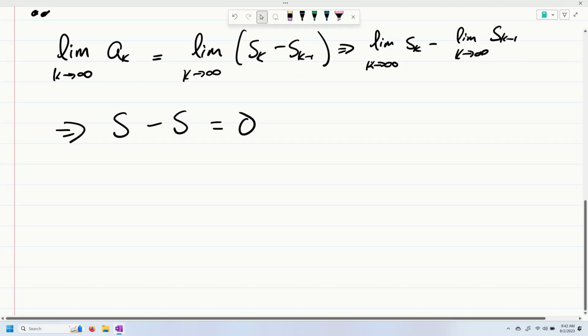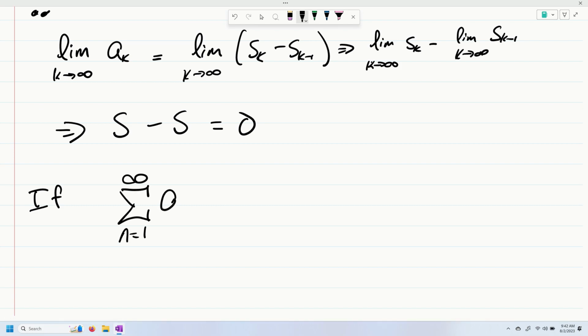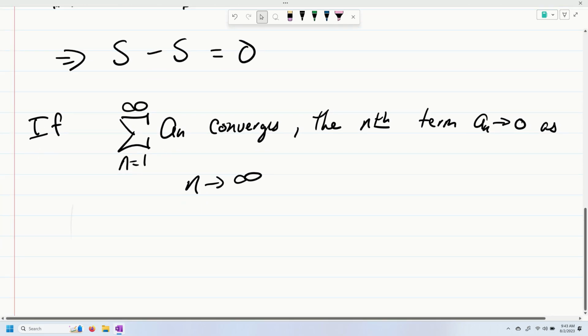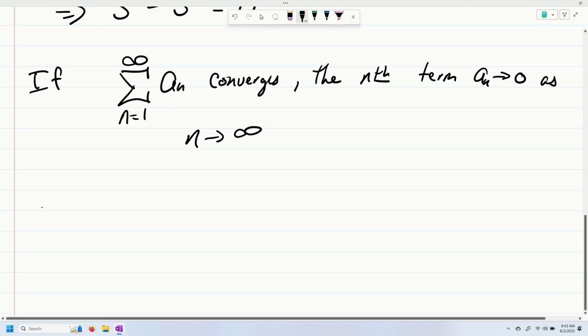So if our series converges, the nth term goes to 0 as n gets larger and larger, as n goes to infinity. All right? An important consequence of this fact is the following statement. So this is the most important part.